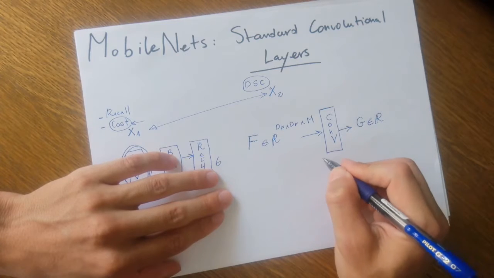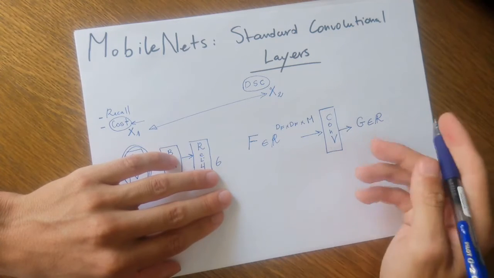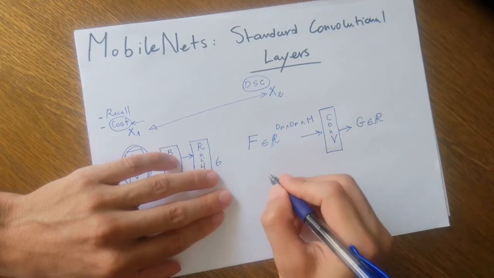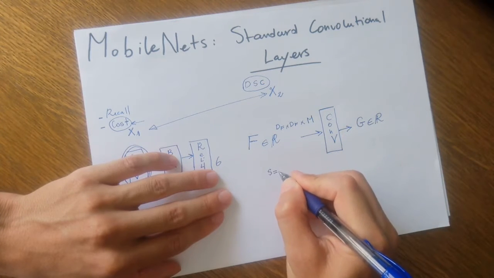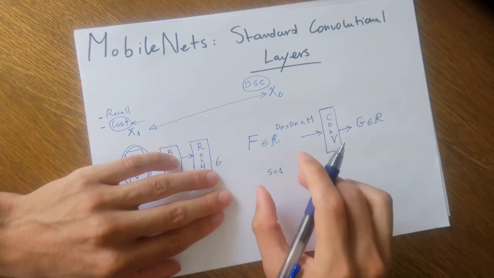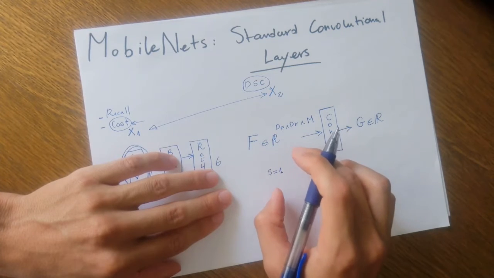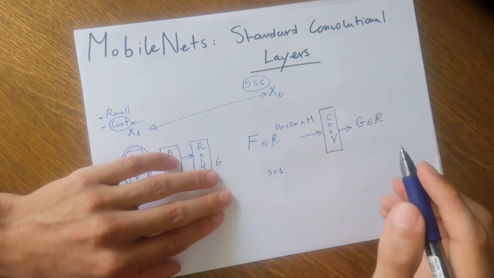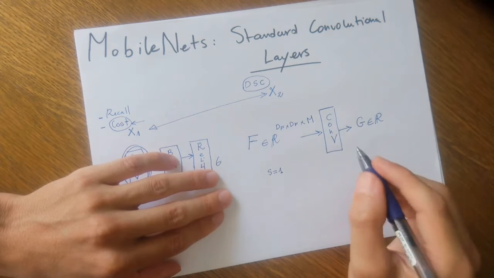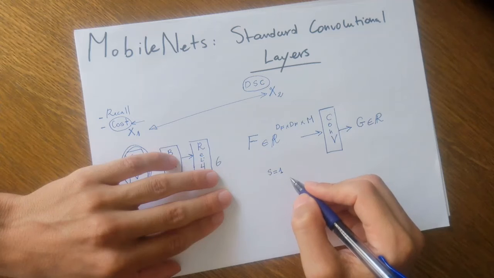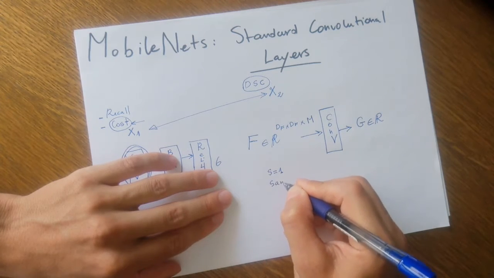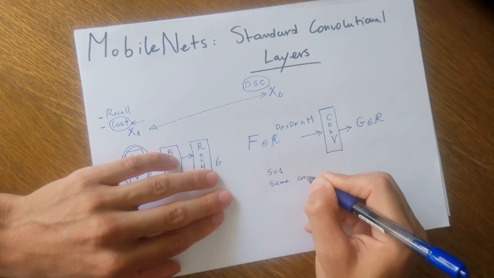The authors assume that at this step the convolution uses a stride of 1. This means that each convolutional kernel moves by 1 pixel, right? And the convolutional operation is a same convolution.